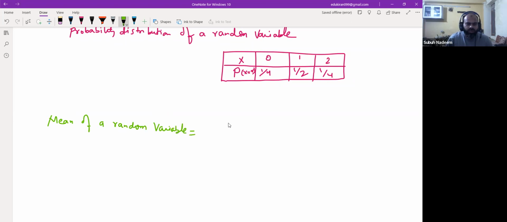It is actually the sum of xi into pi. In the above case, to find the mean, X equal to 0 into its probability 1 by 4, plus X equal to 1 into its probability half, plus X equal to 2 into its probability 1 by 4. So you'll get half plus half, 1. So here the mean of the random variable is 1.